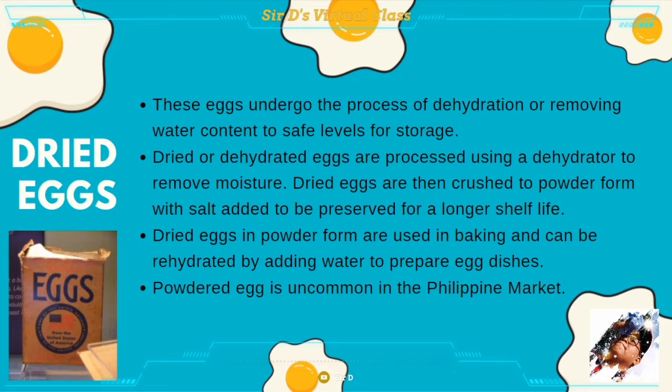Dried eggs are then crushed to powdered form with salt added to preserve for a longer shelf life. Dried eggs in powder form are used in baking and can be rehydrated by adding water to prepare egg dishes. Just like the frozen eggs, powdered egg is uncommon in the Philippine market.